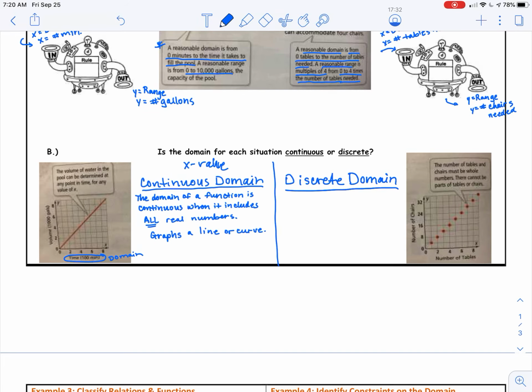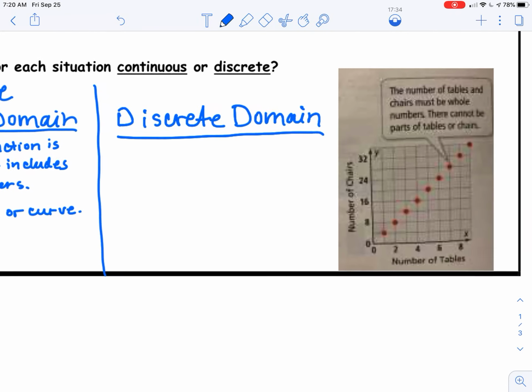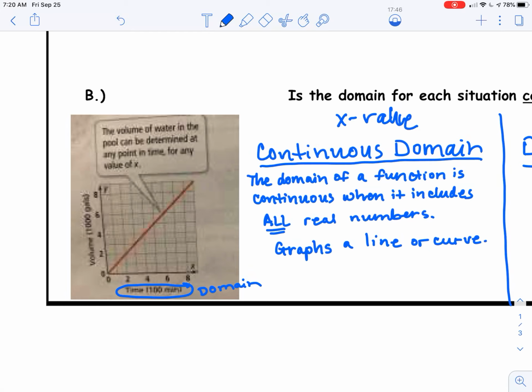Okay, so on a discrete domain, the reason that this one doesn't have a continuous line is I want you to think about that. Where the water never shut off over here, okay, the time on the clock just kept running. So on this line over here, every point, no matter where it is on the line, doesn't always mean it's a whole number, right?